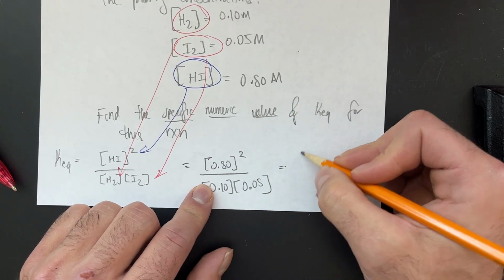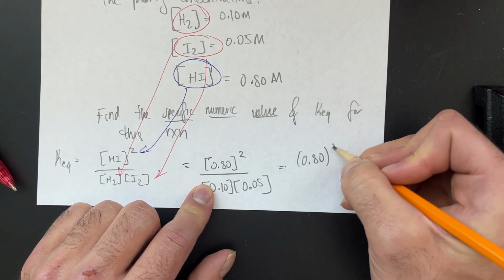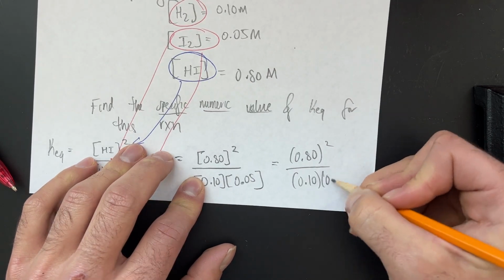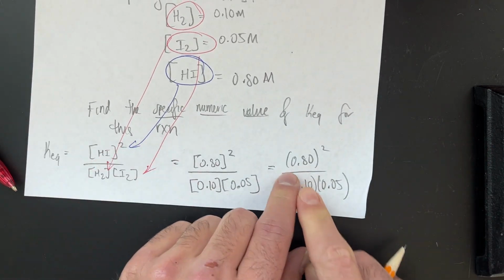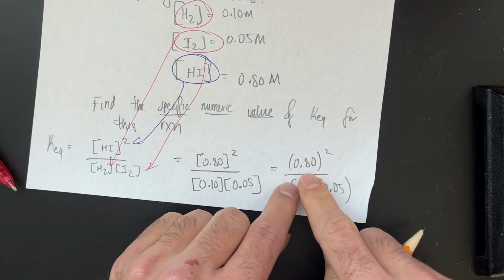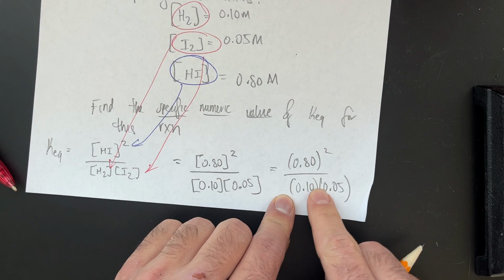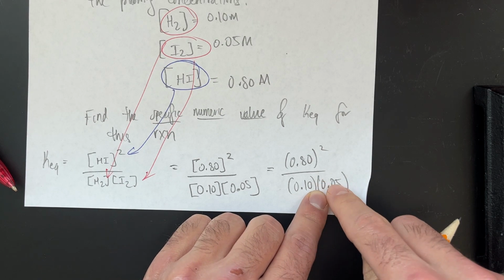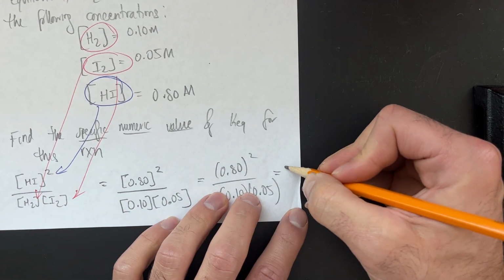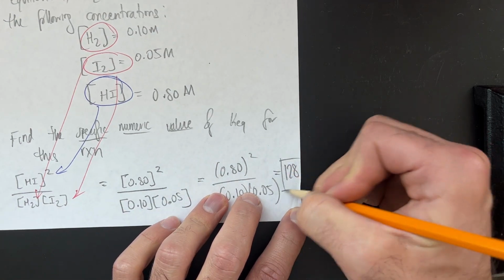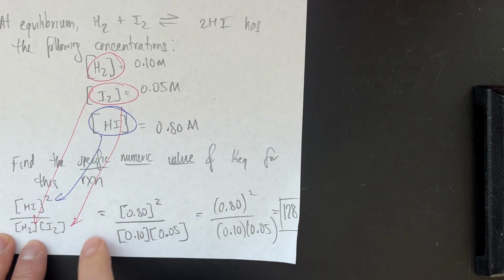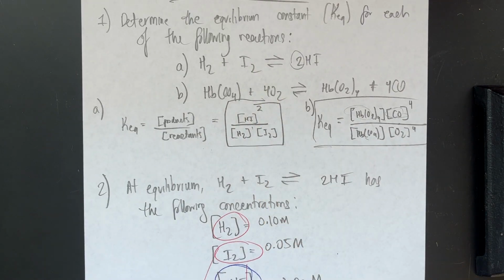The brackets are basically just parentheses. So just put into your calculator 0.80 parentheses squared divided by 0.10 times 0.05, and once you put that into your calculator, you should get, and this is how you know you put it in right, 128. So that's how we get a specific numeric value of KEQ for this reaction.